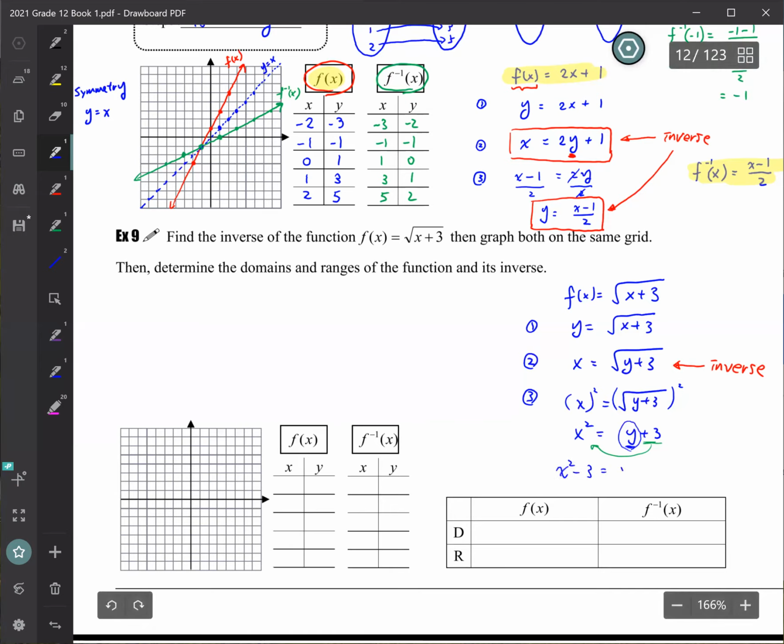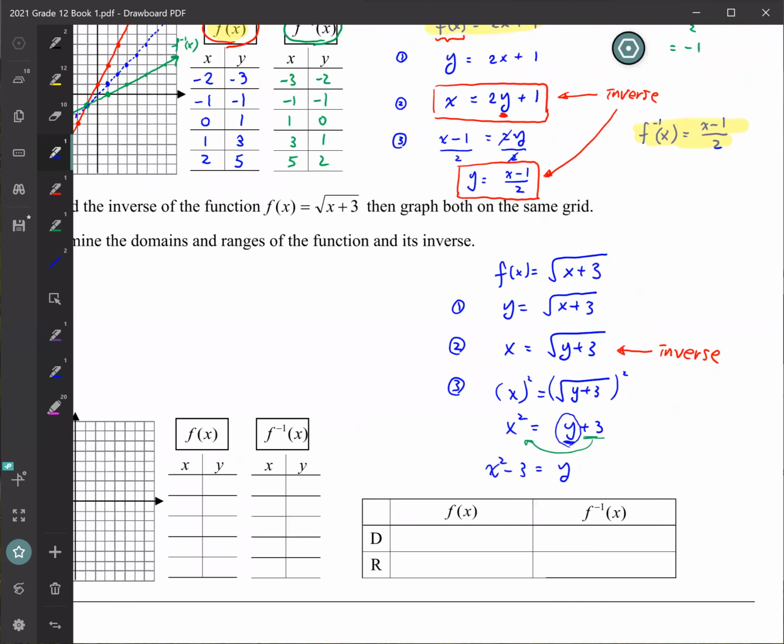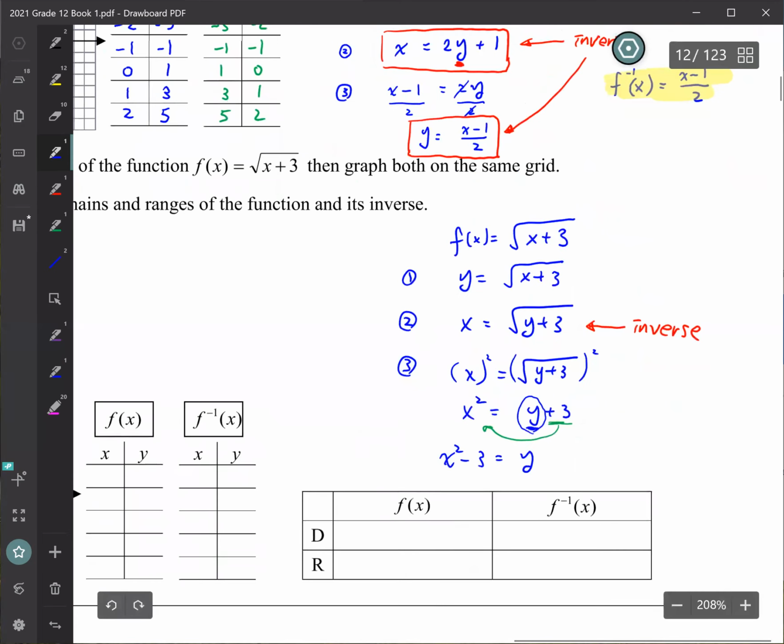Yeah, very good. But we prefer to have y on the left, so I'm going to rewrite it, using the new symbol to show that it's an inverse. Write it as f inverse of x equals x squared minus 3.